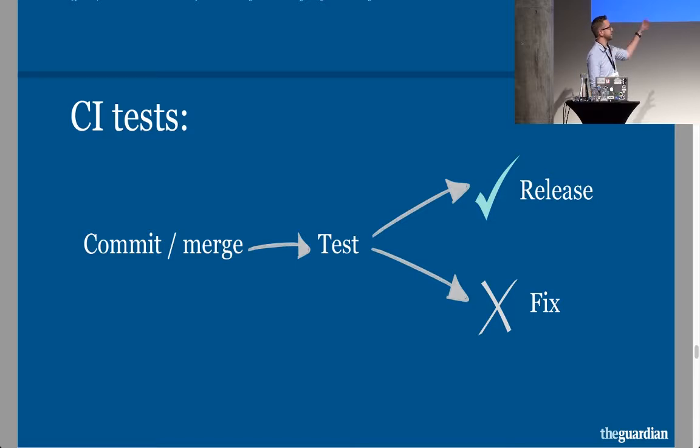You do your commit or your merge and your test, and then whatever the results of those tests, you want loads of visibility about what went on, because whatever the result, it's going to trigger an action. If the tests fail, you're going to look at the bug they found or fix the test if it's a problem with the tests. If it goes green, if it's all good, you're going to merge something or release something. They both trigger an action, so you want ultimate visibility.